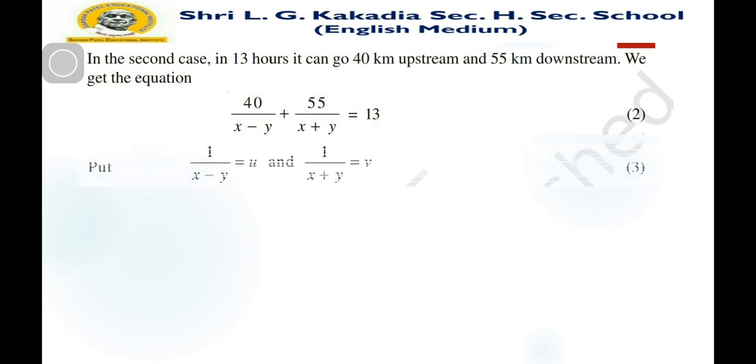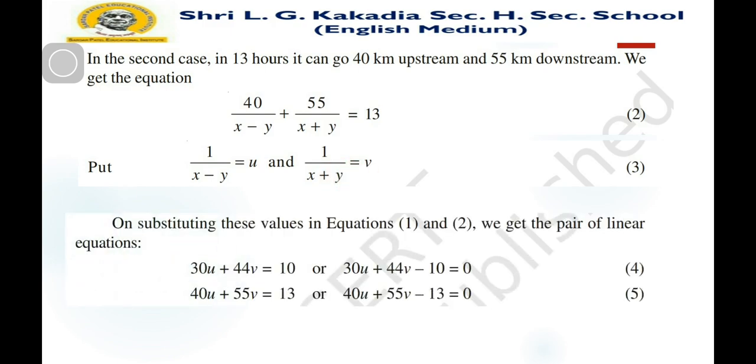Now here we have the pair of equations 1 and 2. Now we assume, by substitution method, 1 over x minus y is equal to u and 1 over x plus y is equal to v. We put these values in equation 1 and equation 2. On substituting, we get the pair of linear equations: 30u plus 44v is equal to 10, and 40u plus 55v is equal to 13.